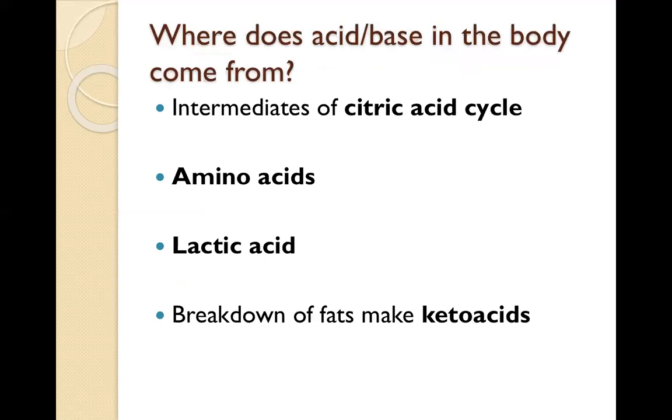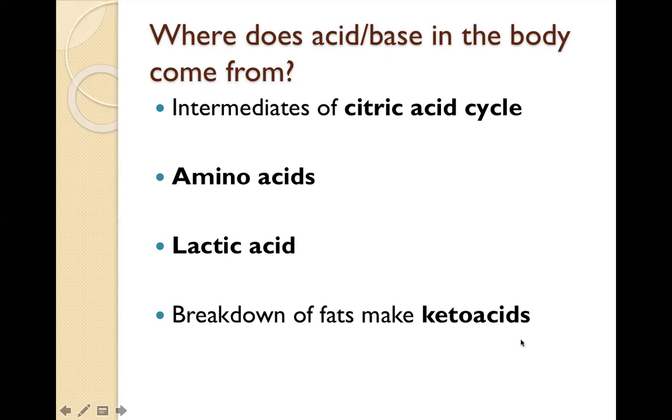And where does the acid and base come from in the body? It comes from the intermediates of the citric acid cycle. All of those are acids. It comes from amino acids. It comes from anaerobic respiration, where you produce lactic acid. And it can also come from the breakdown of fatty acids, whereby a person can make keto acids.